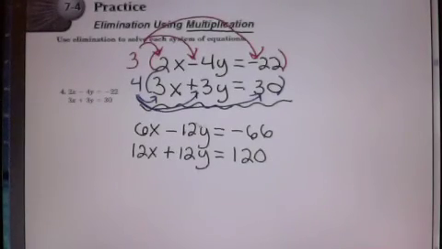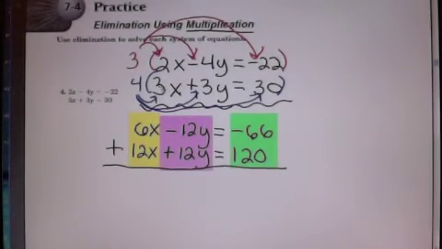Now that I have a negative 12y and a positive 12y that will cancel out and eliminate, I can add these two equations. With everything lined up, I'm ready to add. 6x plus 12x gives me 18x. The negative 12y and the positive 12y will now cancel.